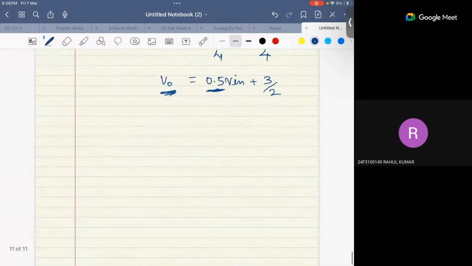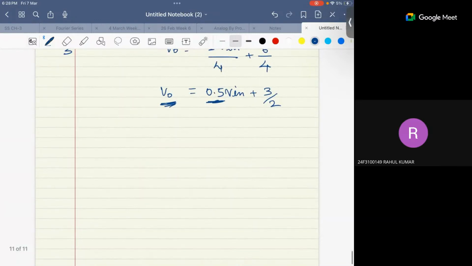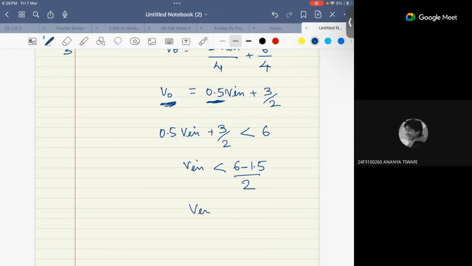That means 0.5 times V input plus 3 by 2 should be less than 6 volt, correct? So V input should be less than 6 minus 1.5 upon 2, so V input should be less than 9 volt.